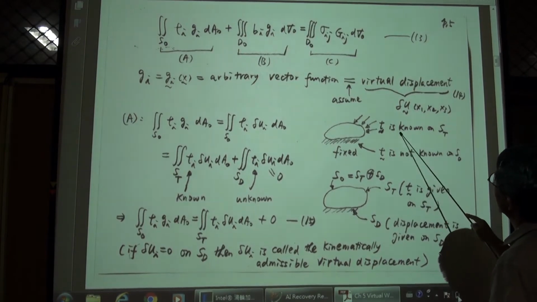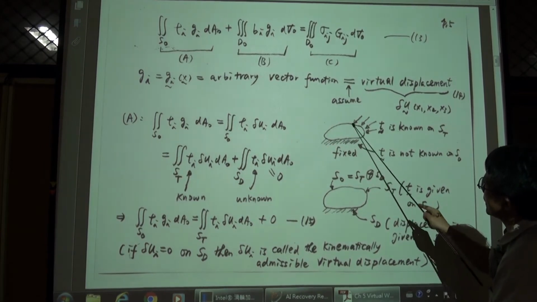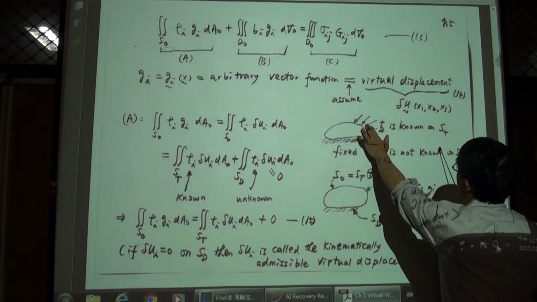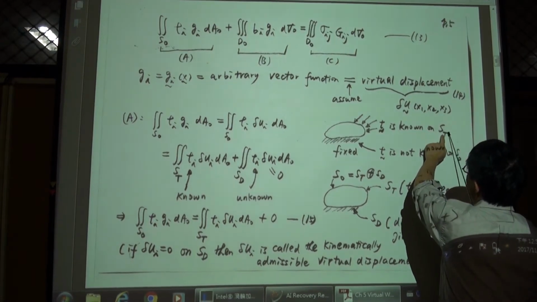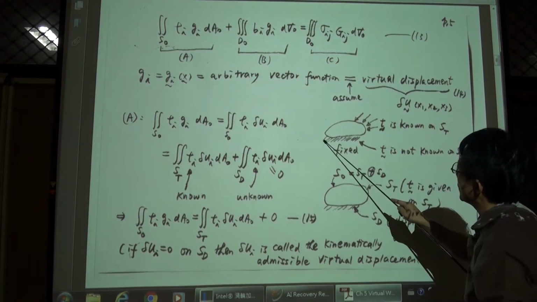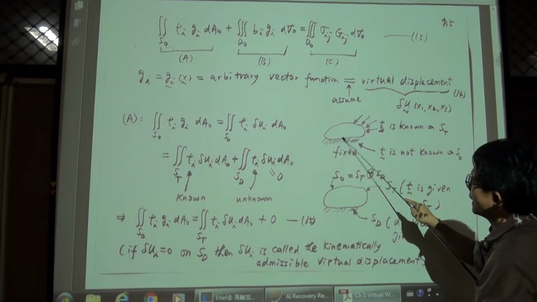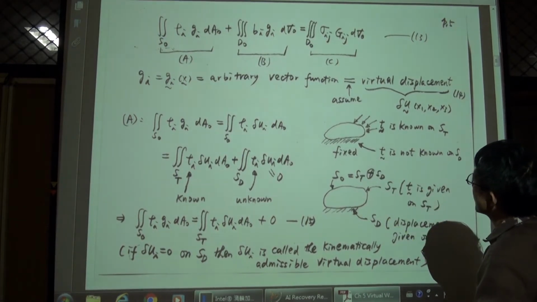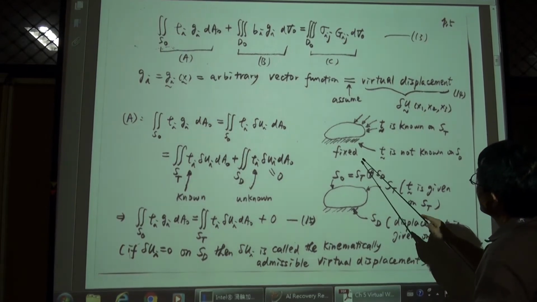If we consider the boundary, the surface, in two parts, in this part we have the traction, so we call this ST. ST means the surface with traction prescribed. And also here, for example, this is fixed, which means the displacement is zero here, right? So we call this part of the boundary SD.